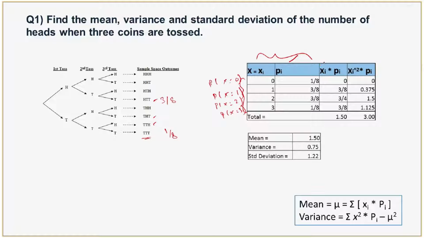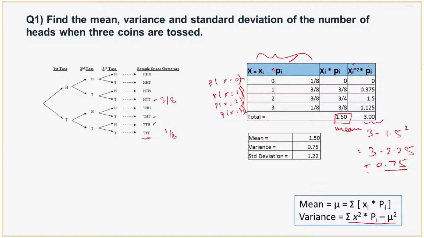All you have to do is multiply these two, you get xi into pi, take the sum, this will be the mean value. Square the random variable, multiply it with the probability, sum it up, subtract the square of the mean like the formula here, that is 3 minus 1.5 square, or 3 minus 2.25, or 0.75.